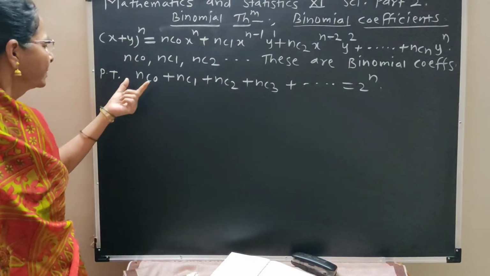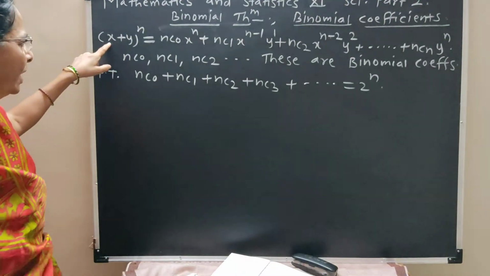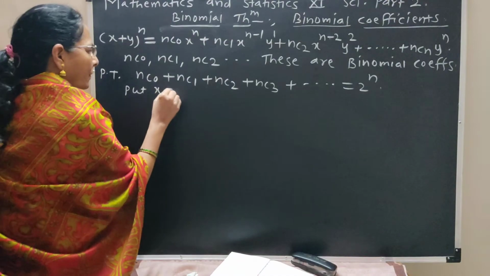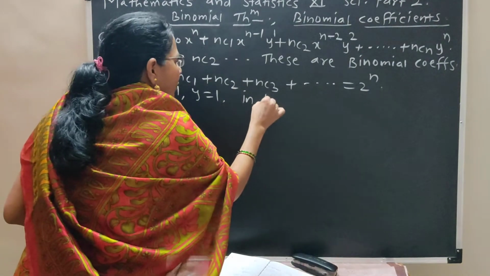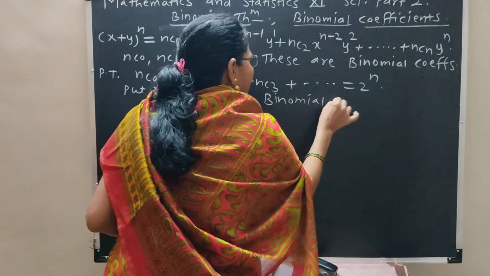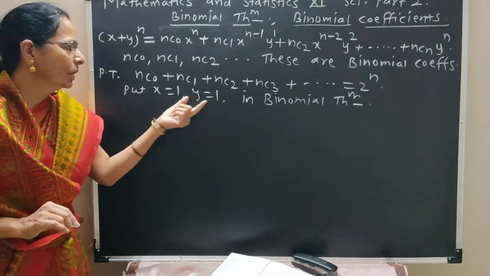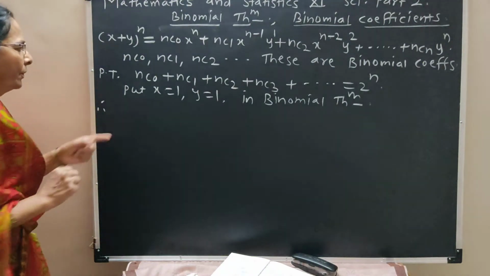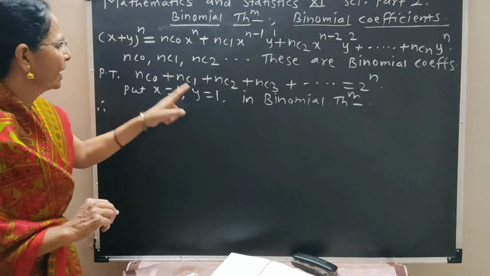Now we have to prove this, so in this theorem put x equal to 1 and y equal to 1 in the binomial theorem. Therefore, where there is x, write 1, where there is y, write 1.